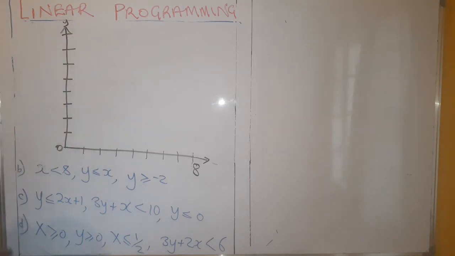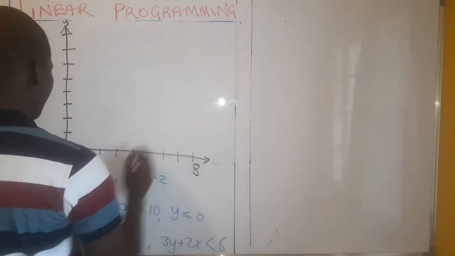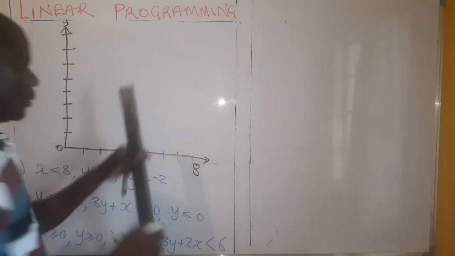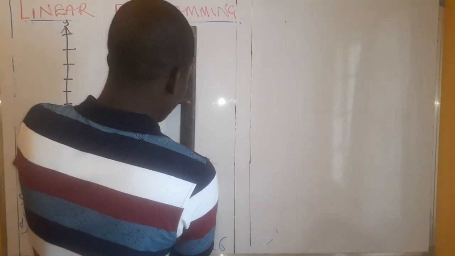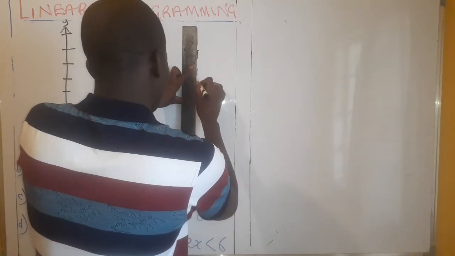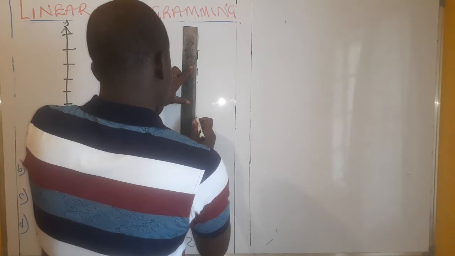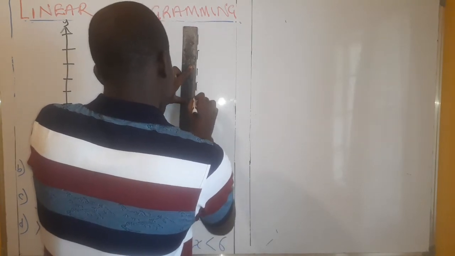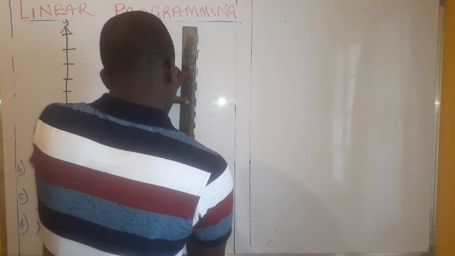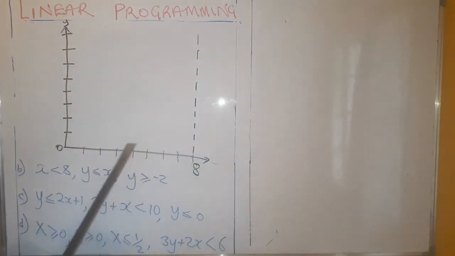You can go beyond. So this one, it is here. And look at what we have, the symbol that requires a dotted what? Dotted line. So we are on 8. We have to draw something that is dotted here. Now we need to come and shade.